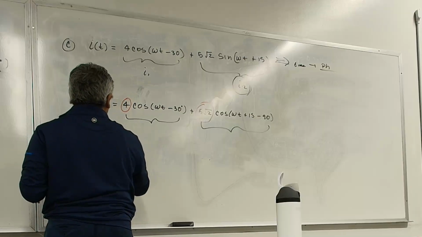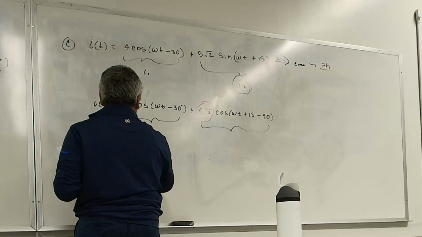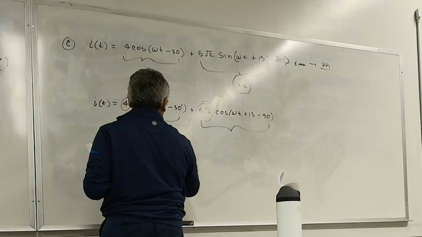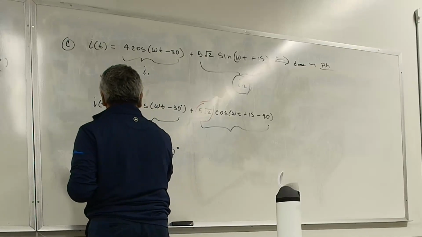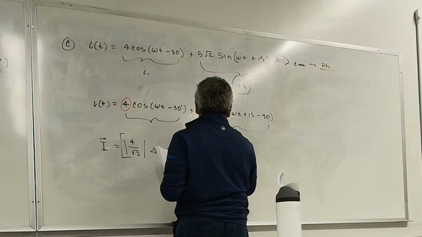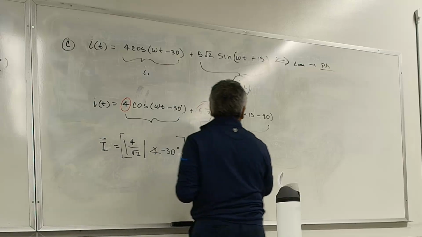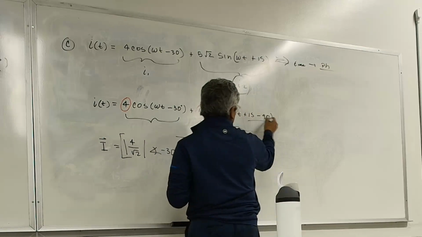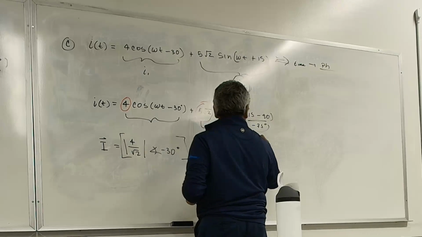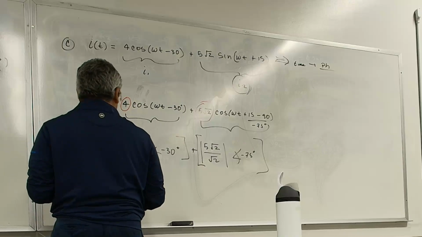I phasor is equal to 4 divided by square root of 2, magnitude, angle of minus 30 degrees, that's one phasor, plus 5 square root of 2 divided by square root of 2, magnitude, this angle of minus 75 degrees. We did this, right? So I have those two phasors and I can add these two together.